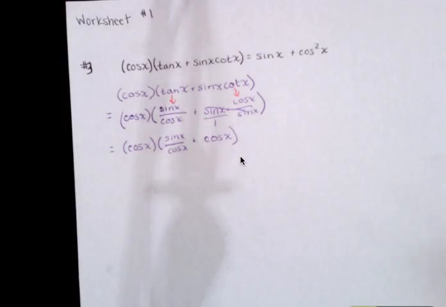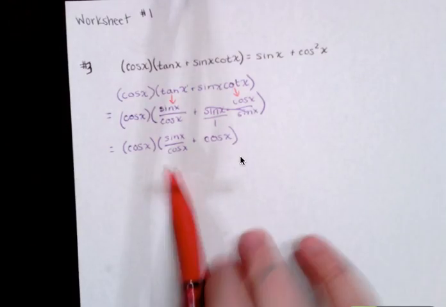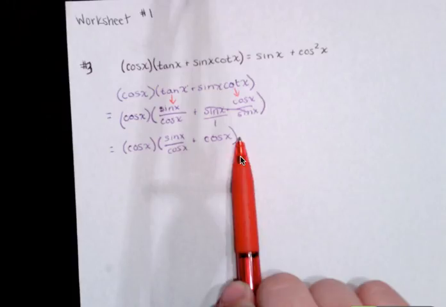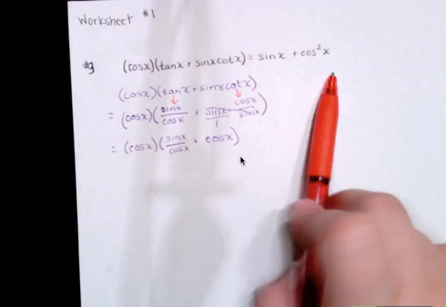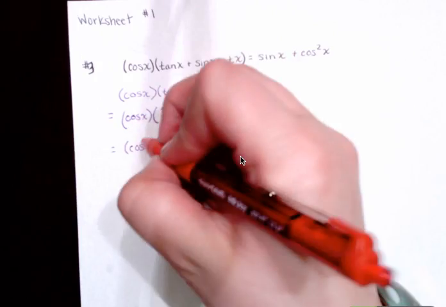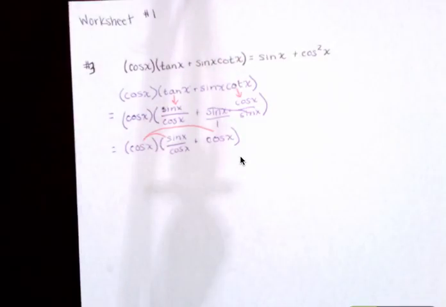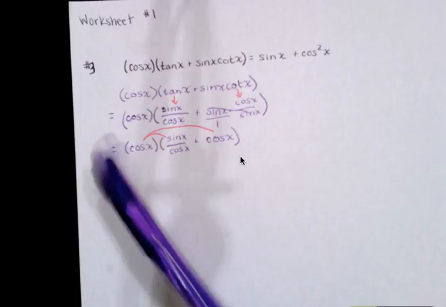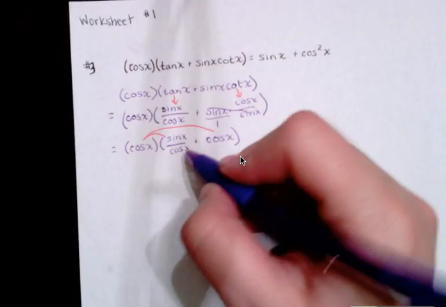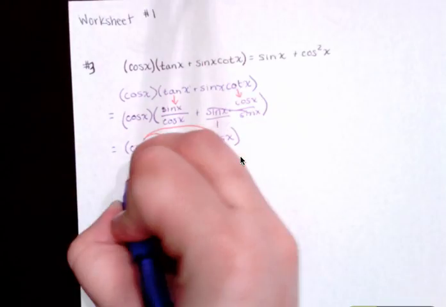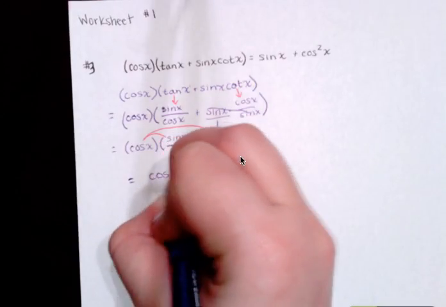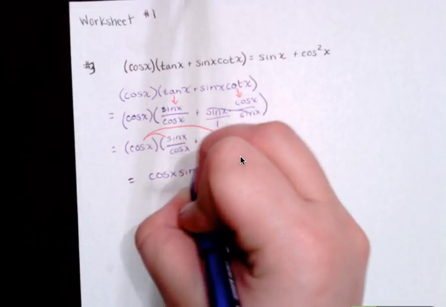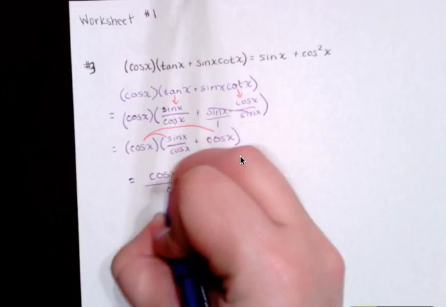Now, I could try to get a common denominator, because I got 2 fractions, or I don't want this cosine out front, because I know I'm not multiplying anything by cosine out here. So I'm going to distribute that cosine of x through. So cosine of x times sine over cosine, the cosines will cancel out. If you need to see it, I'll write it out the long way. You do not have to write it out the long way. It's just to help some people see.